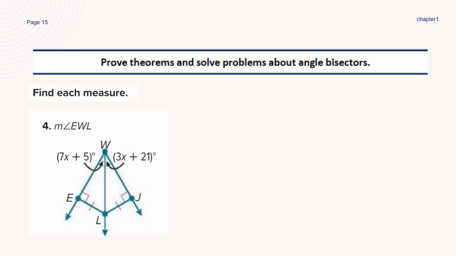Okay, now we move on to angle bisectors. Angle bisectors are the segments which divide the angle into two equal parts. So this part and this part are going to be equal. EWJ is the whole angle which is divided by WL, and as you see EL is equal to LJ.